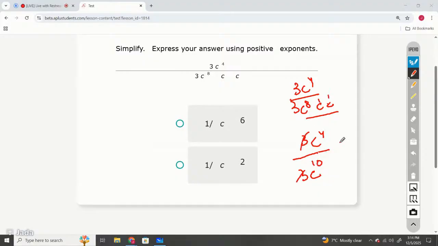3 and 3 cancel out. They have the same base and they are dividing, so we can subtract their exponents. That is c, 4 minus 10 is negative 6, right?